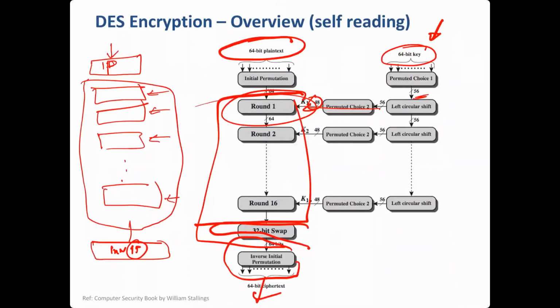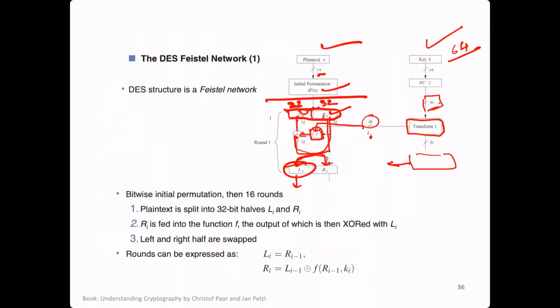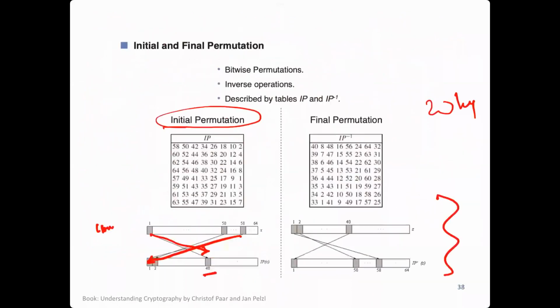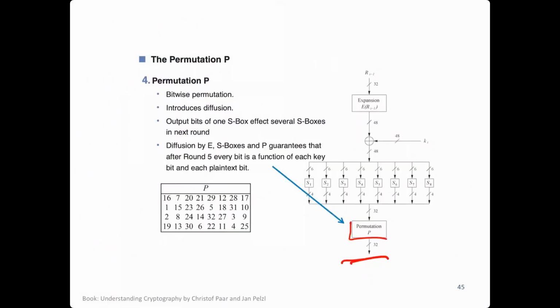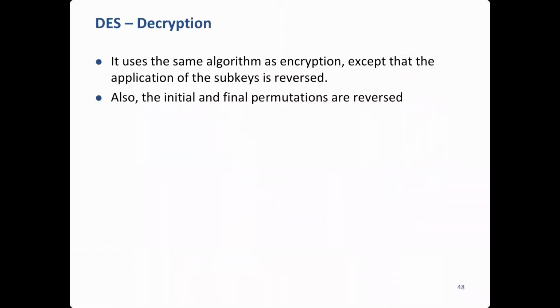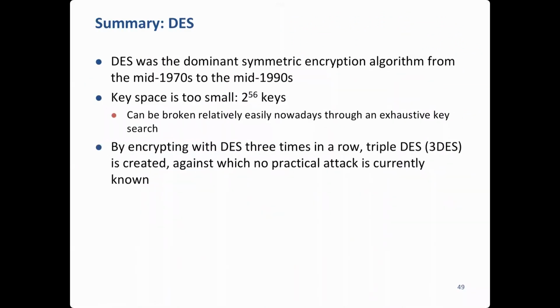When we do this 16 times, and after the inverse of the initial permutation, we get 64 bits of ciphertext. Now, I know I've covered it very fast. We'll start from here, and then we'll look at some of the aspects.